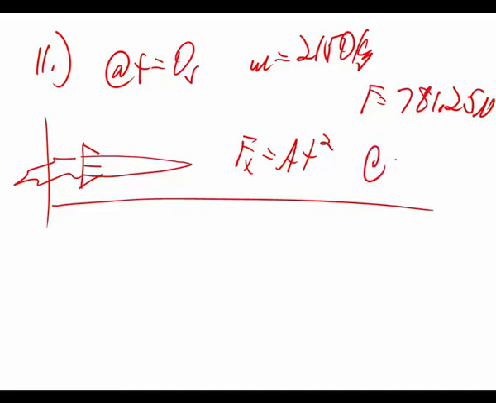So then at t is equal to 1.25 seconds, find the SI value of the constant A, including its units. So we've got to find the constant A, right? We've got to find that.